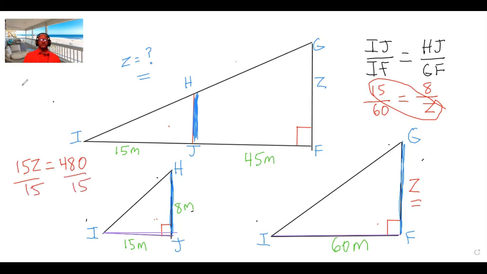So let's go ahead and do our math here. Okay. 15 goes into 48, we know 3 times, and that is 45. That leaves us 3. And we bring the 0 down. So 15 goes into 30. How many times? It is 2. So it looks like Z equals 32.